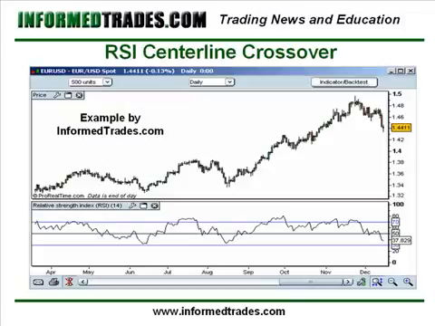But basically, when the RSI crosses above the 50 line, that's considered a bullish sign, because the market is making more gains than losses. And when it crosses below that center 50 line, that's considered a bearish sign, because the market is making more losses than gains.